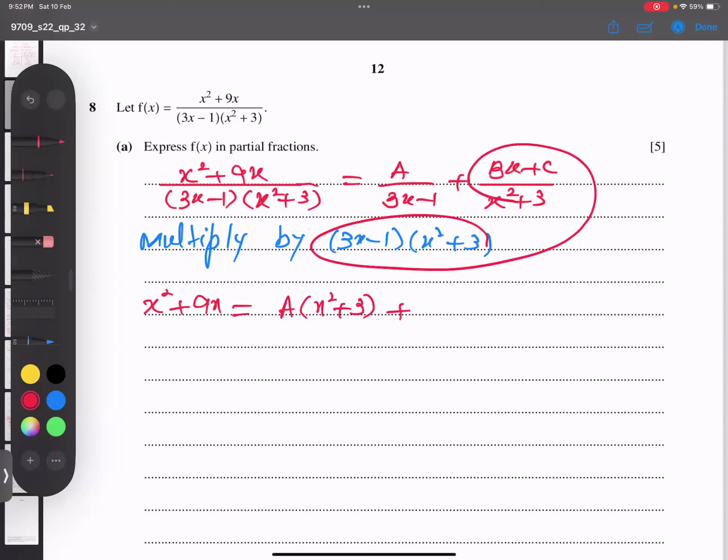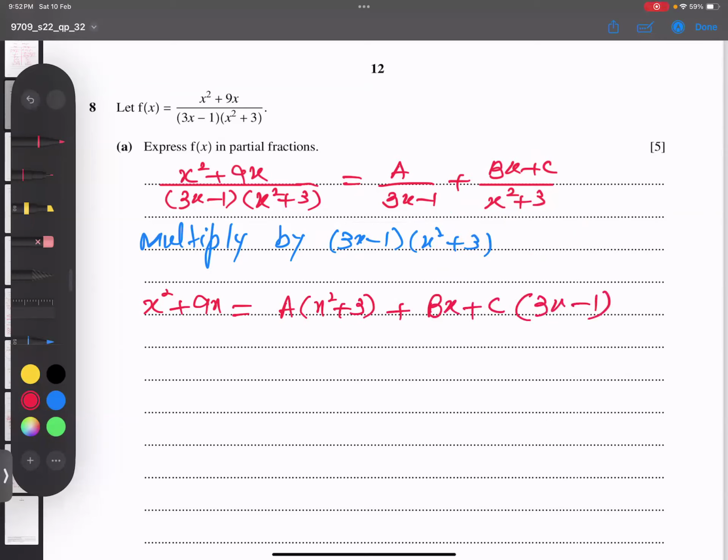And when this multiplies here, this cancels with that, so this stays behind beside it. Some students make one mistake, they write Bx + C into 3x − 1. Wrong. Why technically wrong? Because it looks like C is multiplying with that. We must put it in brackets.